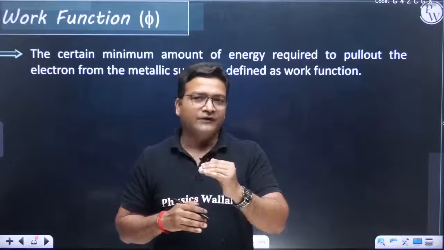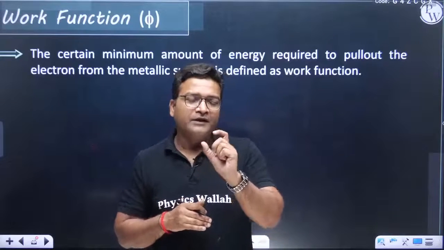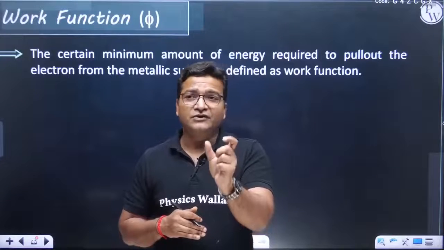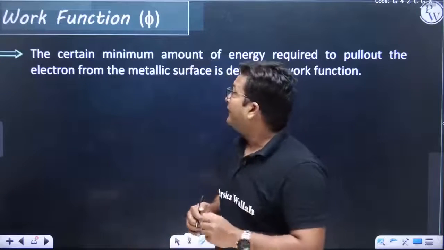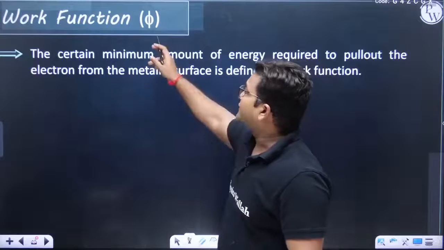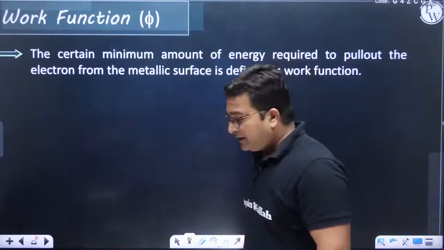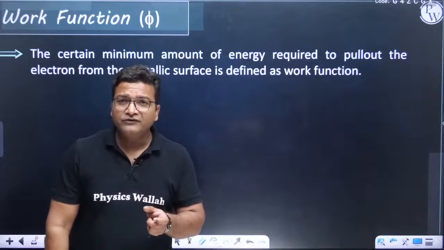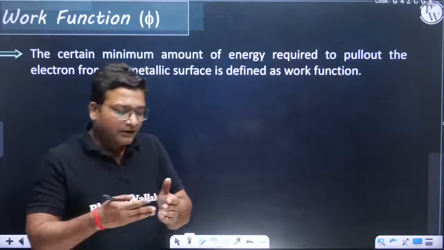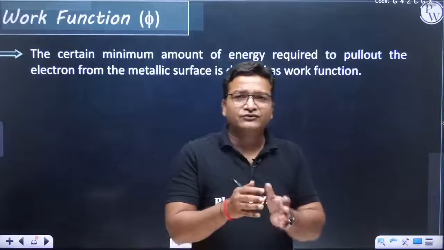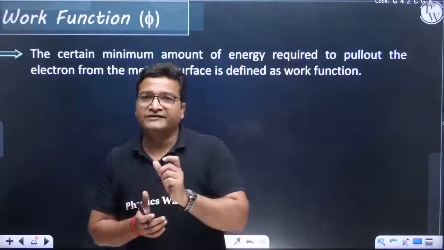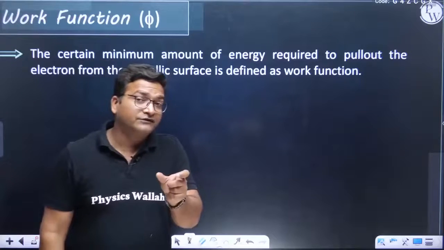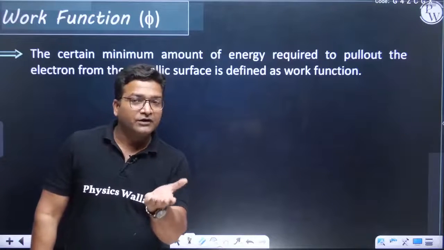So if an electron requires a certain minimum energy to come out of the surface, that minimum energy is called work function, and the symbol for work function is phi. We express the work function in electron volts, and usually the work function of metals is between 2 to 5 electron volts. So always remember, work function is the minimum energy that electrons near the surface require to come out of it.